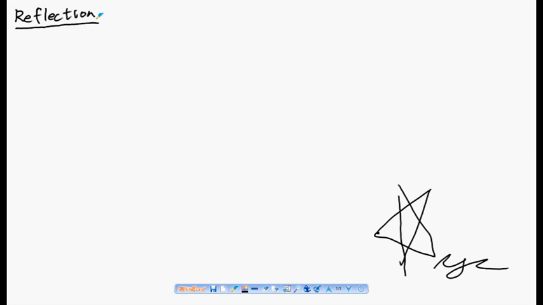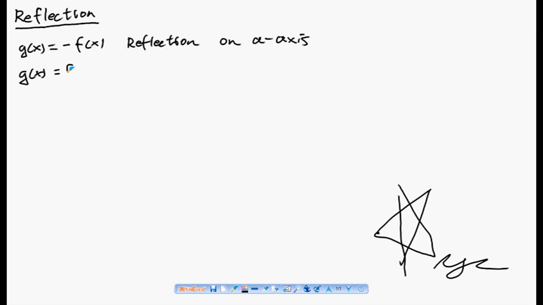The general formula is if graph g(x) is minus f(x), that is a reflection on the x-axis.